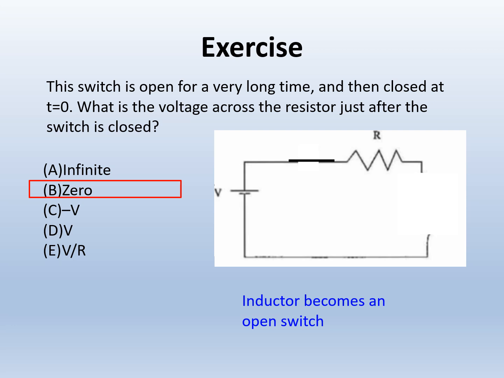Then the resistor will have zero potential difference. So the interesting point is that just after connecting to the battery, the inductor becomes an open switch. So the circuit breaks right there, and that is like the inductor becoming an open switch.